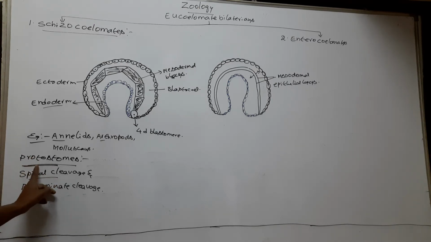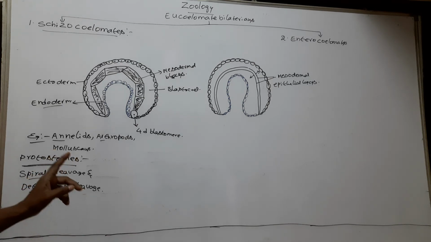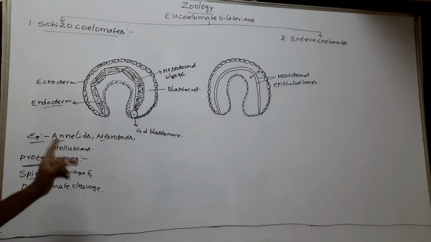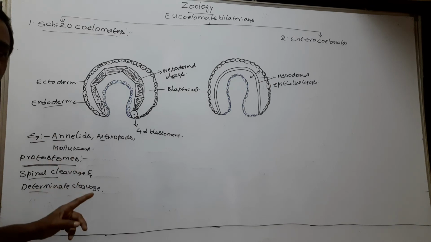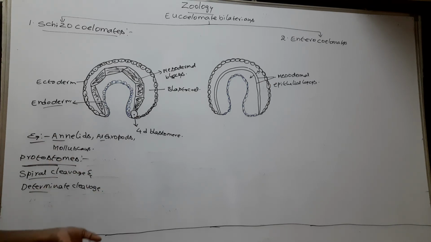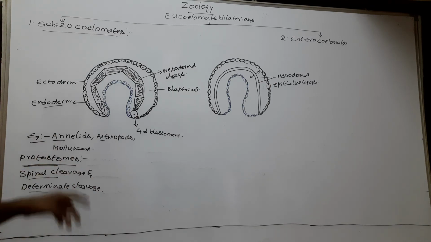Proto means first. Stoma means mouth. So the eucoelomates in which the blastophore develops into mouth are called protostomes. What is blastophore?